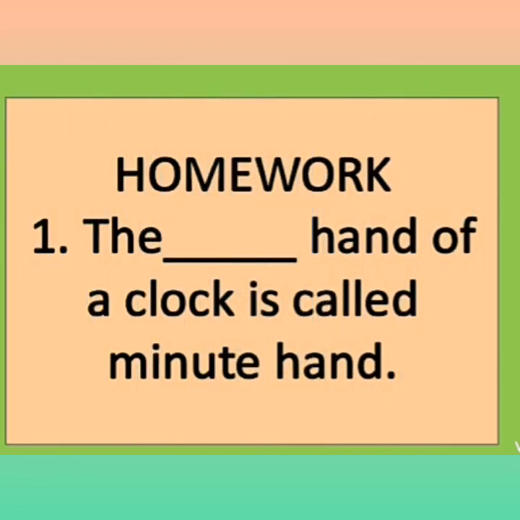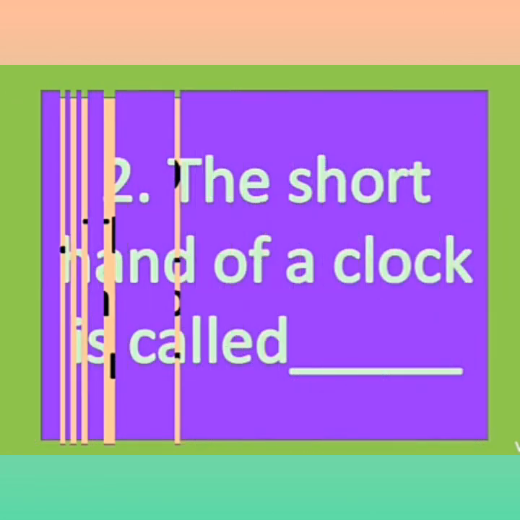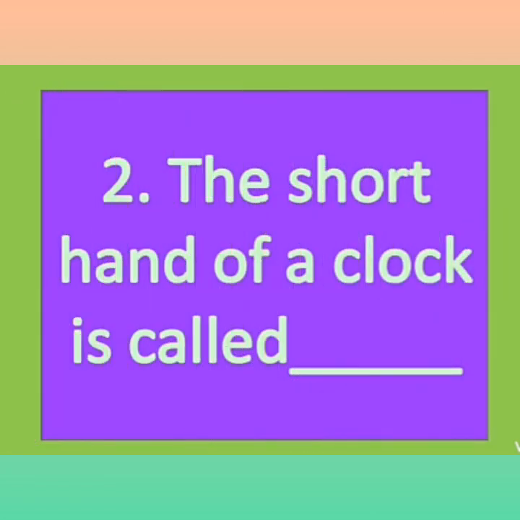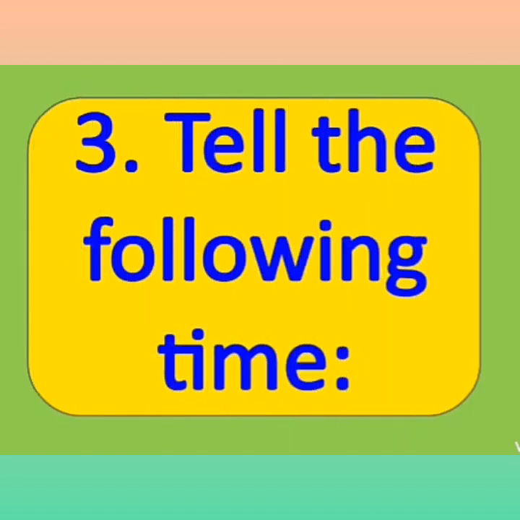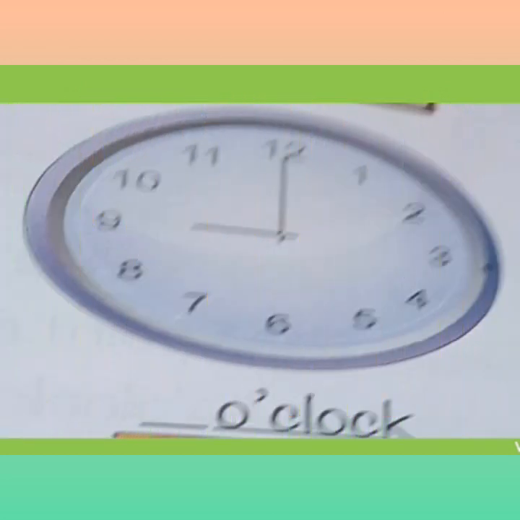Homework. Number 1. The dash hand of a clock is called minute hand. 2. The short hand of a clock is called dash hand. Number 3. Tell the following time. What is the time?